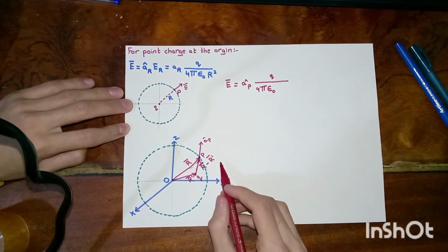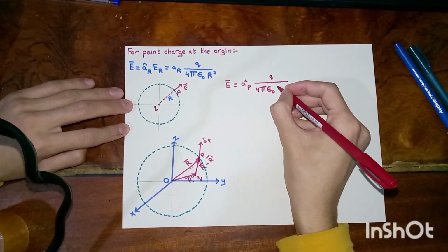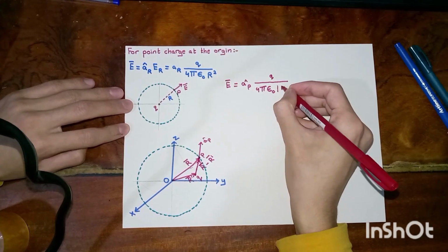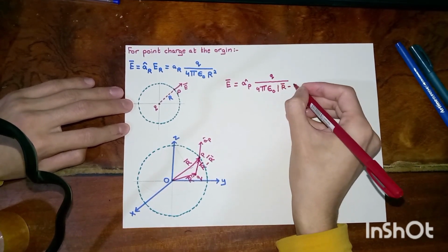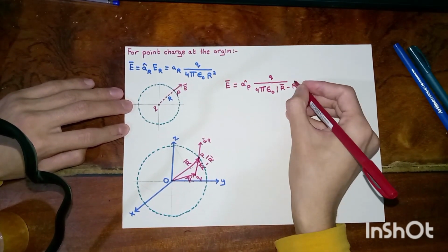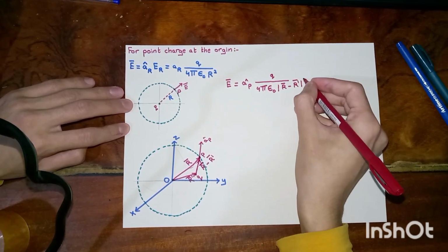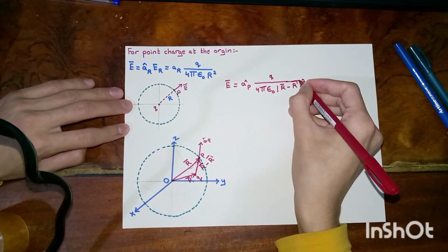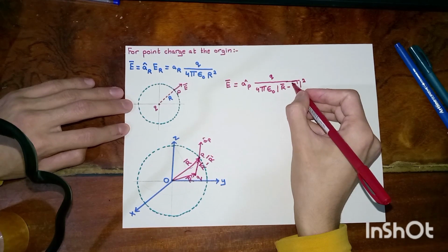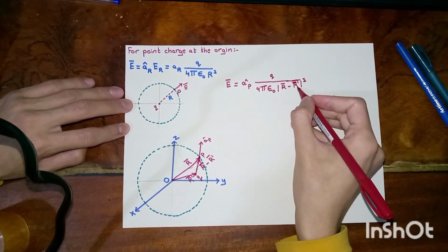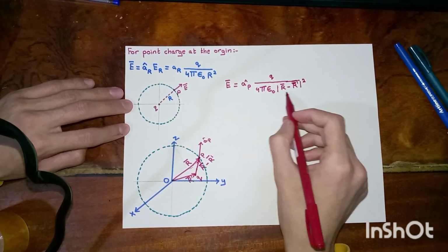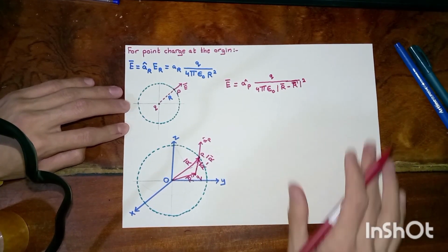The length is its modulus, or absolute value, which is the modulus of r minus r primed, squared. As we know, the modulus of a vector represents its length.